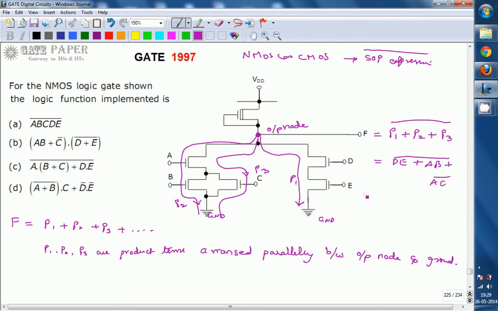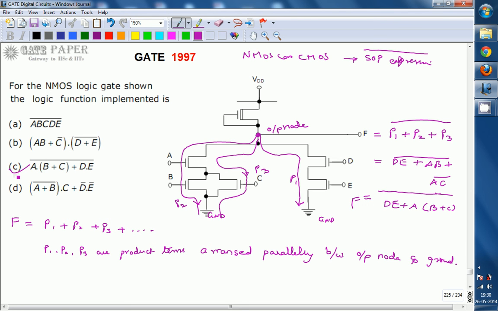In this one, DE plus, if you take A common, it is A into B plus C. So F is equal to DE plus A into B plus C, whole bar. So the right answer for this one is C.